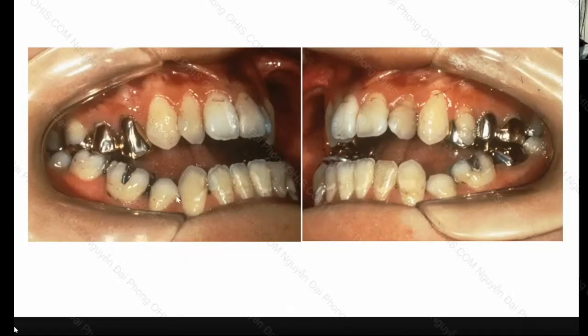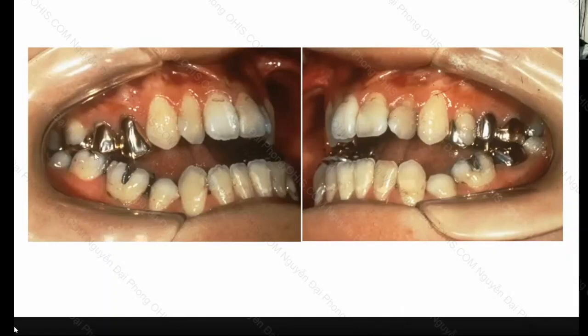But slowly again, the anterior bite is opening. Once again, I like to emphasize premolar extraction doesn't work. Yeah. The etiology is more in the posterior part.